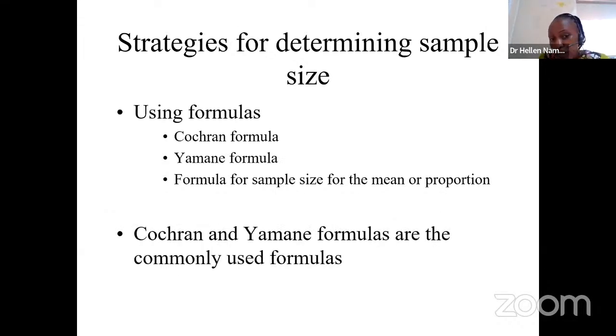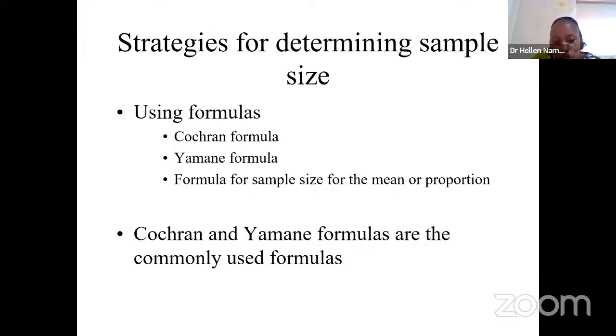Okay, I've also talked about use of formulas. You can use a formula in case we've already seen one. If you want to determine a sample size, we've got the Cohen, the Yamane, and also there are formulas for sample size for mean, and also proportions. But the most commonly used formulas, even if you Google right now on the internet, are the Cohen and then the Yamane formulas. So you don't need to cram them.